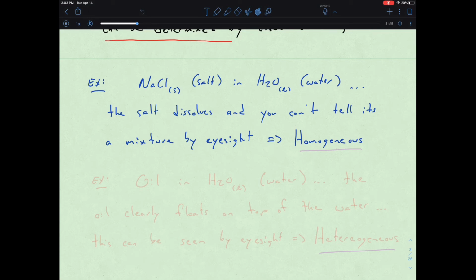Secondary example would be looking at maybe oil in water.